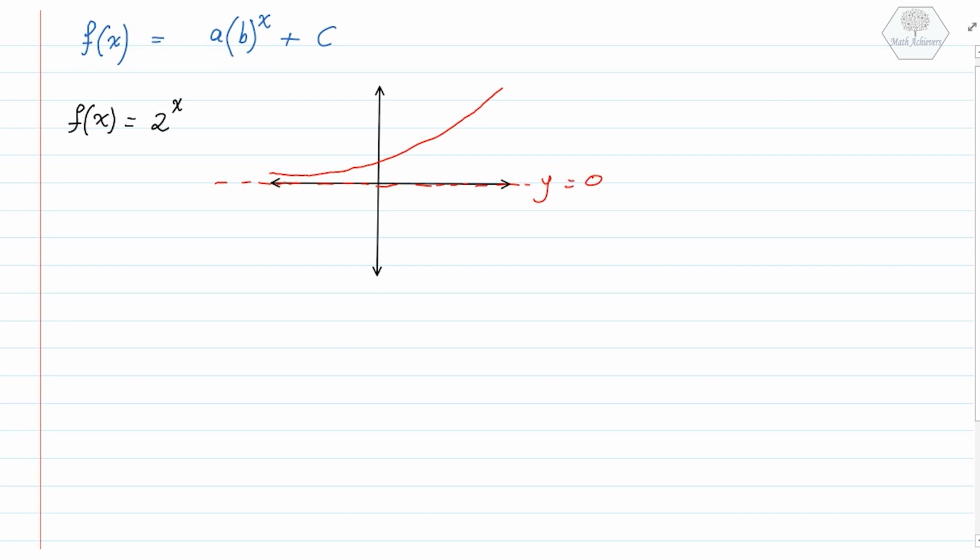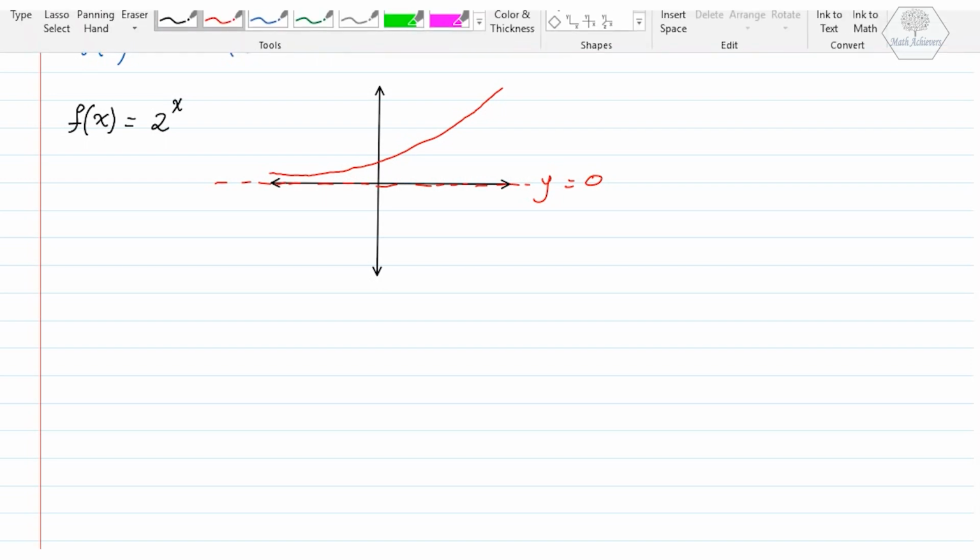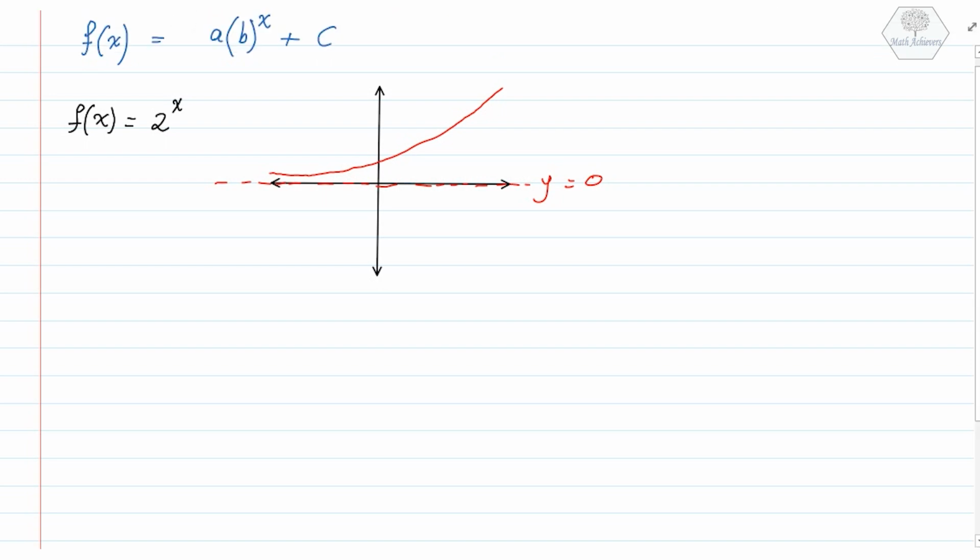We'll see why we are having a horizontal asymptote at y equals 0. If we want to inspect this function, we must test for the infinities. This is the y-axis and this is the x-axis. We must test for the infinities.